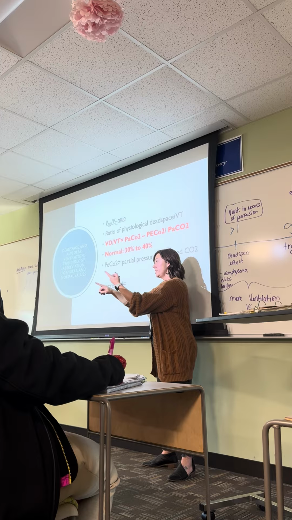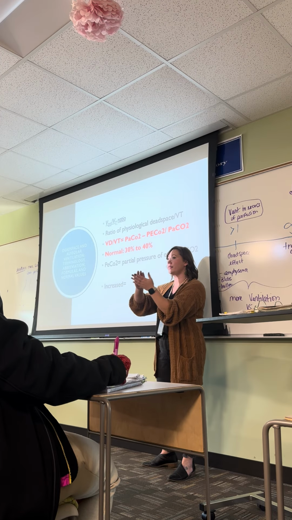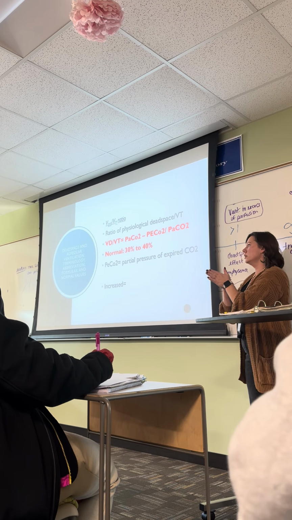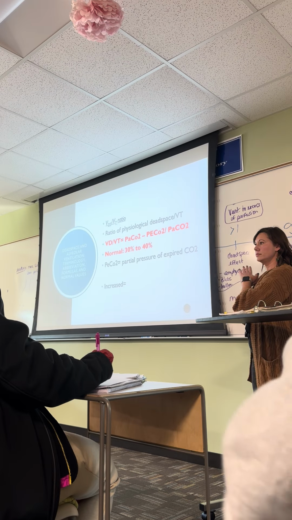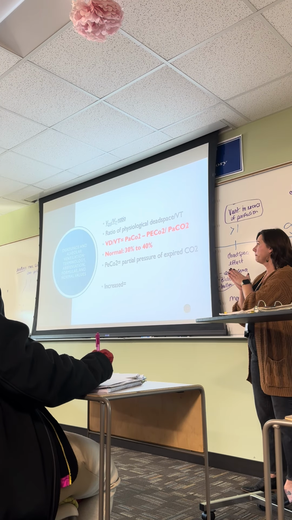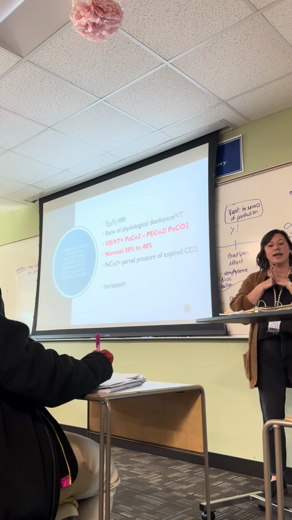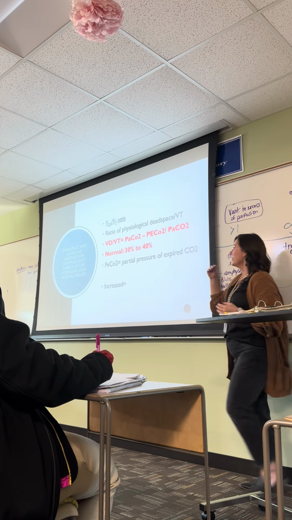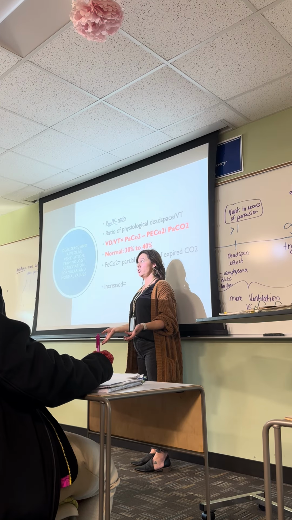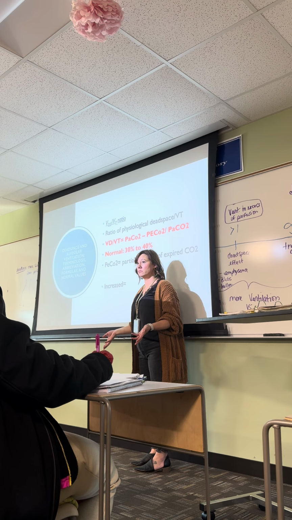That means something like emphysema or a PE is happening within the lung. That's not good. If I have less than normal, less than 30%, that's telling me I might have a shunt actually happening. It's the opposite.